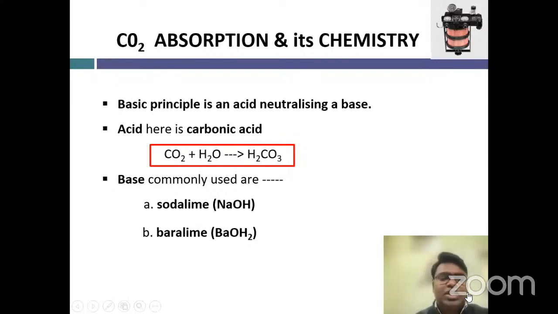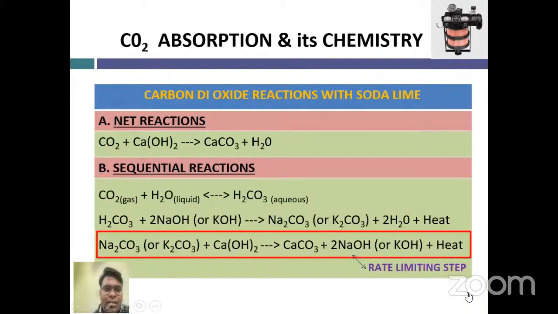Bases commonly used in soda lime are sodium hydroxide or potassium hydroxide, which neutralize carbonic acid leading to formation of sodium carbonate. This sodium carbonate further reacts with slaked lime, that is calcium hydroxide, to form calcium carbonate, and thus ultimately soda lime removes carbon dioxide from expired gas.